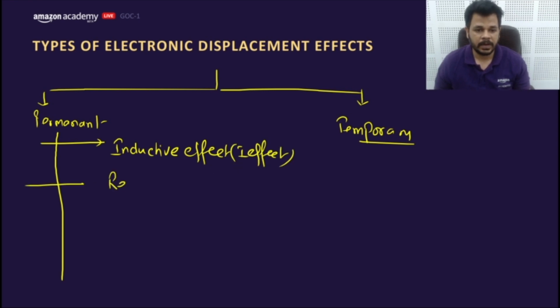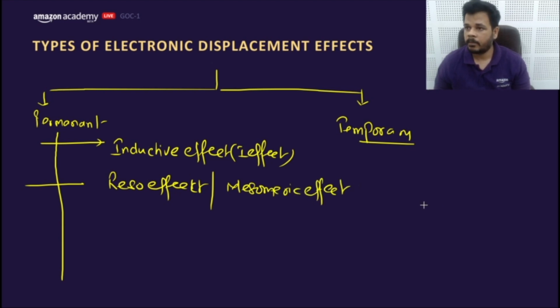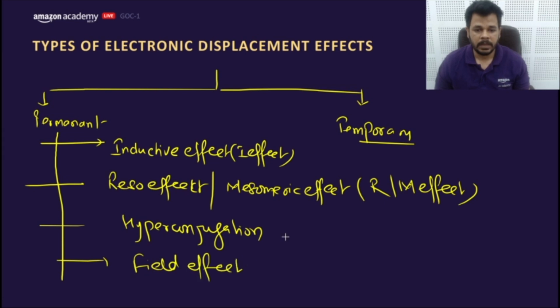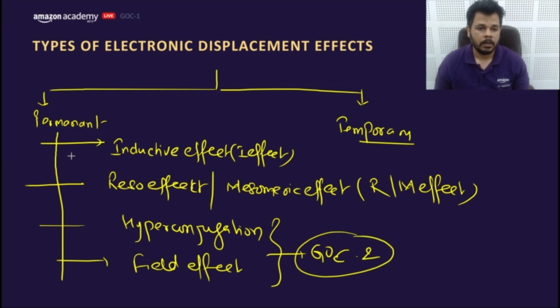Next one is the resonance effect, otherwise called what? Mesomeric effect. Yes, you all are right. Otherwise called R effect or M effect. Next is hyperconjugation, which is called what? H effect. And lastly the field effect. This we are going to study in GOC 2. Today we are going to study inductive and resonance.